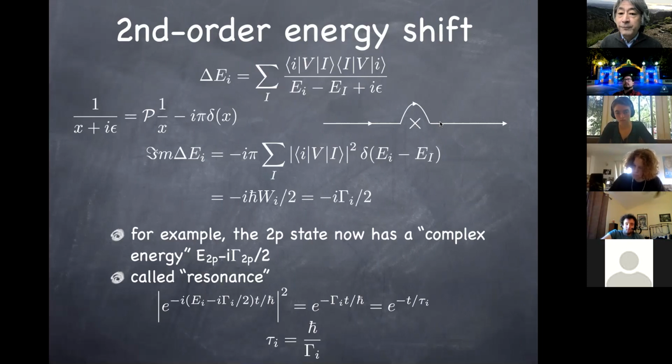That idea of defining a contour above the pole is depicted by this cartoon. If you have a pole, putting I epsilon in the denominator forces you to follow this path to avoid the pole: above it, not through it, not below it. That's what this I epsilon is telling you.